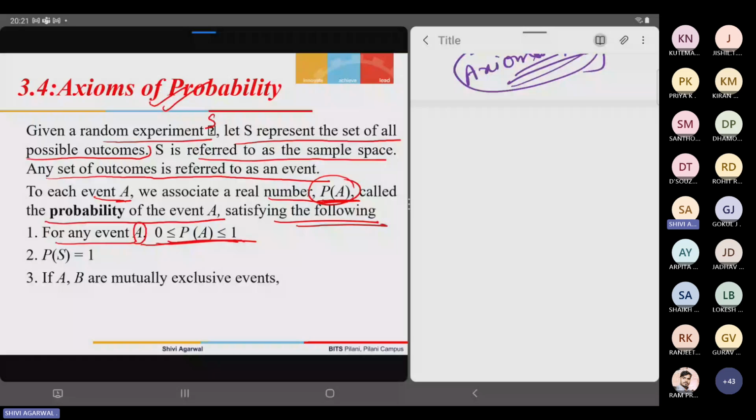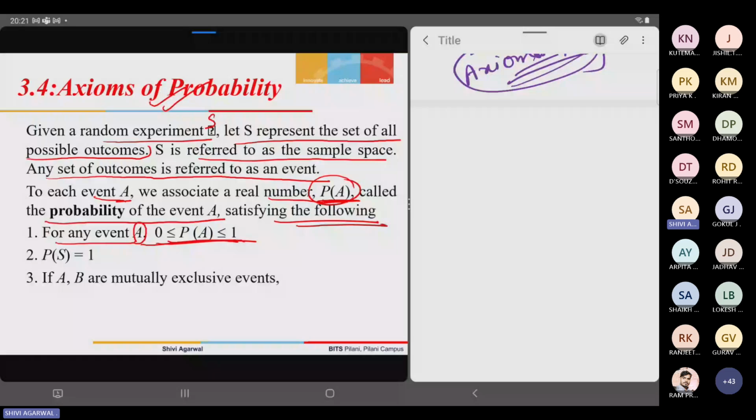A layman can say it is a 40% probability, but because you have done a course of probability and statistics, you say 40% chance, or the probability of that event is 0.4.